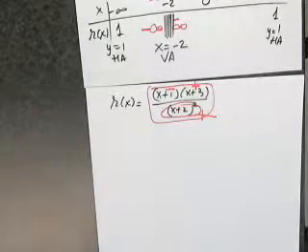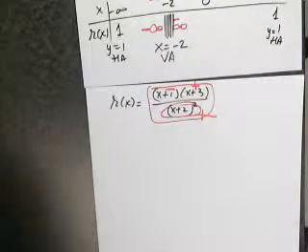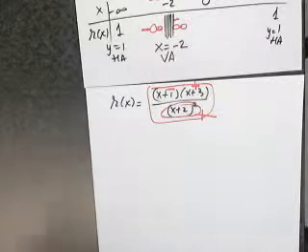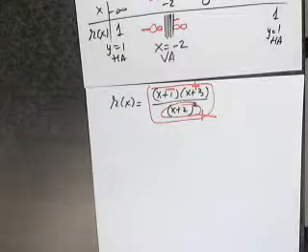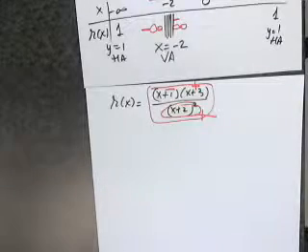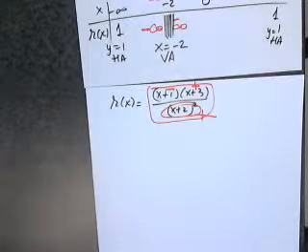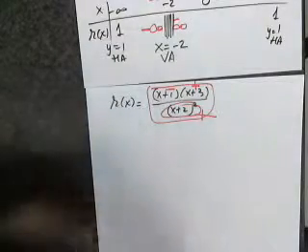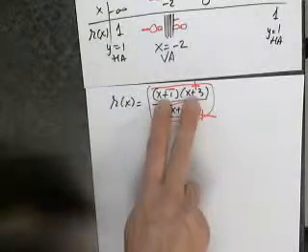When is this function 0? When is a ratio 0 always? When the numerator is 0. Well, when is the numerator 0?